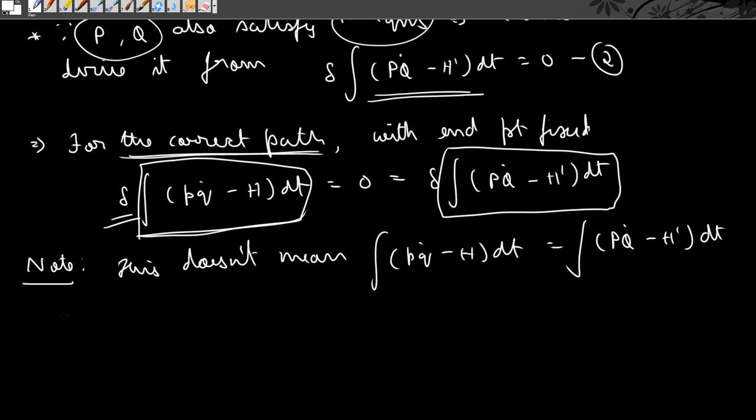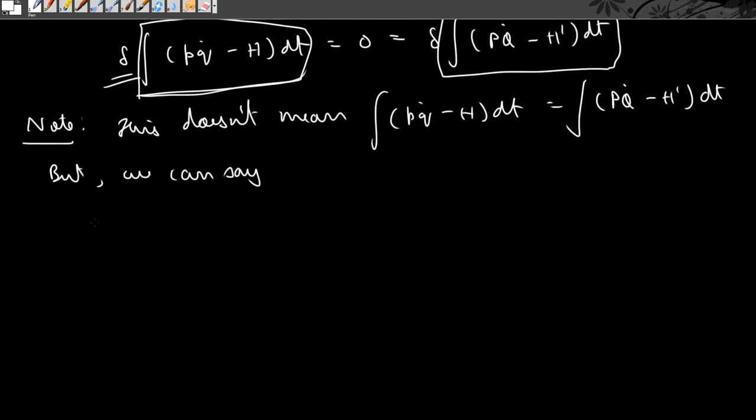But we can say that they are related in the following manner: some constant lambda times (p q dot minus H) is equal to (P Q dot minus H dash) plus a total time differential of some function F, whose variation should be 0 at the initial and final coordinates.